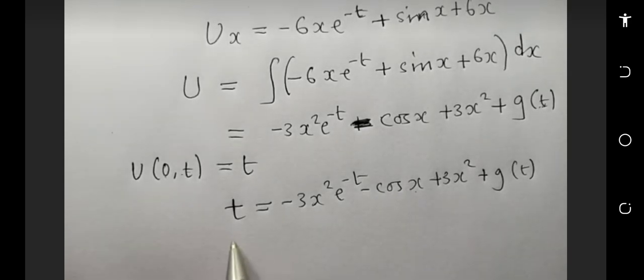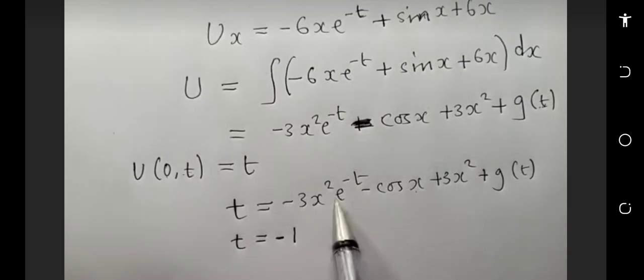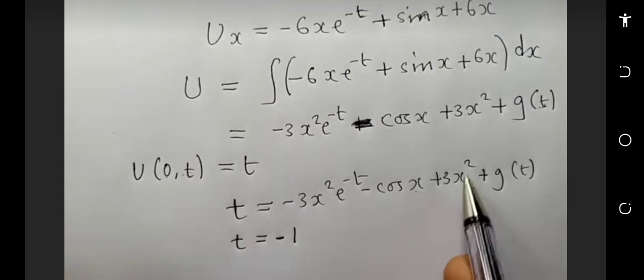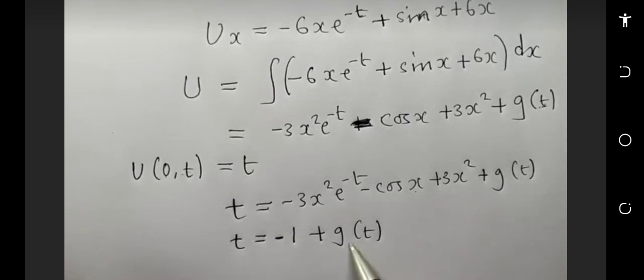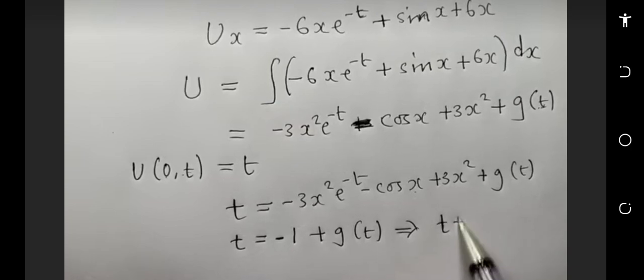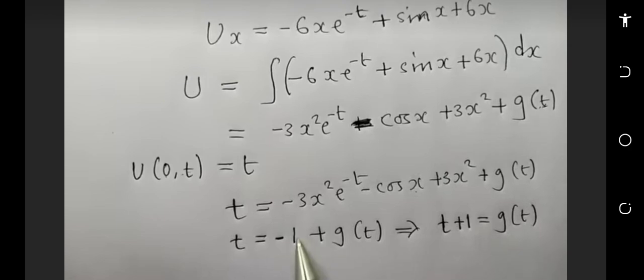So all we're going to remain with is t is equal to negative 1, because this is a 0, and if we substitute a 0 here, it will just be a 0. So we shall remain with something like this. And to solve for g of t, we're going to say t plus 1 is equal to g of t here. This will cross the equal sign, so it will be positive.